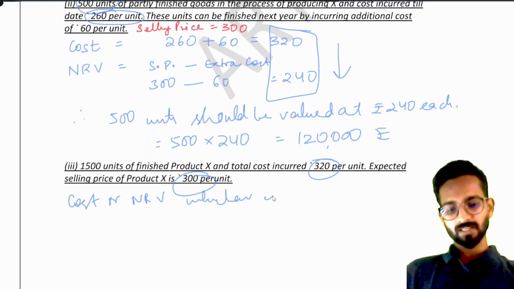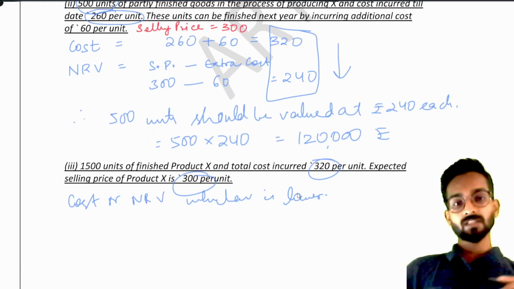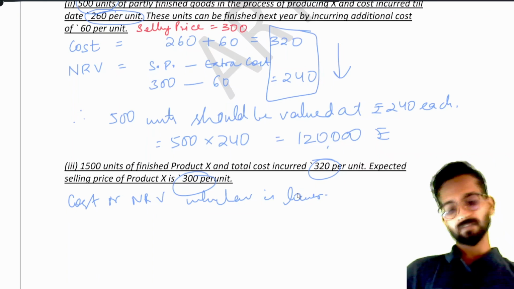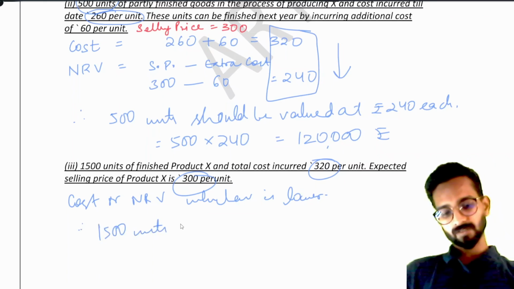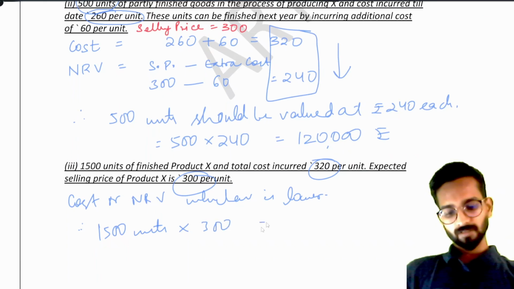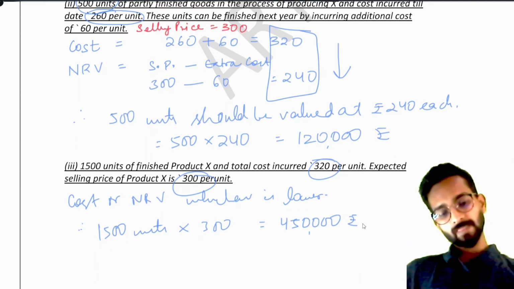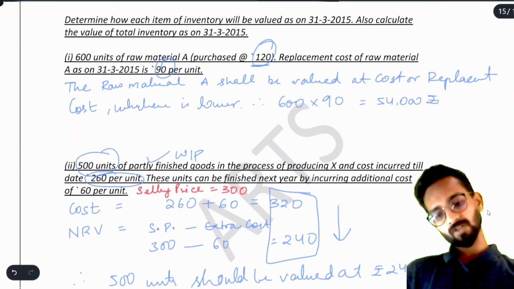I am just writing the final answer like this; you have to write the full statement as per Accounting Standard 2. The closing stock, the finished goods, must be valued at cost or net realizable value, whichever is lower. Therefore the value will be 1500 units multiplied by 300, that is 4,50,000.